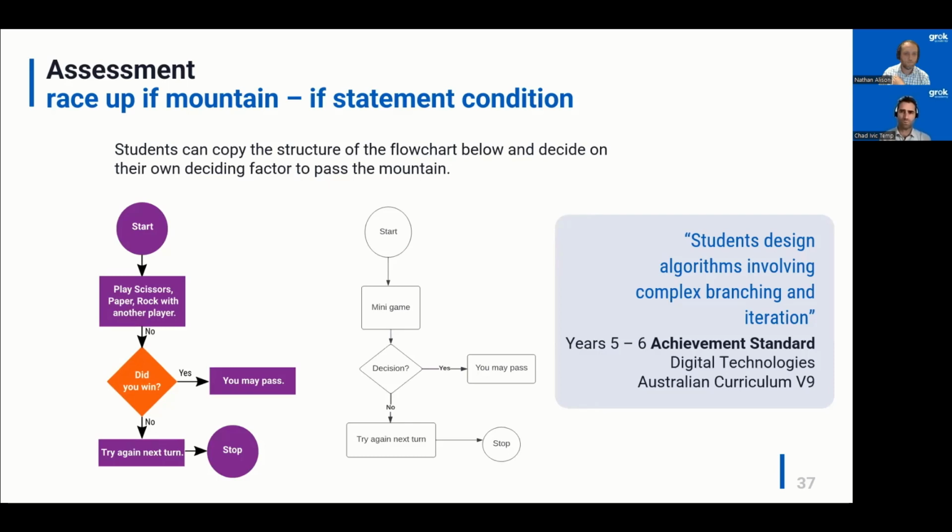What you'd be looking for in the students' work, in the algorithms that they design, is that they can consciously make the last two flowcharts, like E and F, a bit harder, so they know the logic. For example, it's much harder to roll a 6 than it is to just roll a number above 3. So you just want to check that they understood how to make the flowcharts a bit harder to pass towards the end of the game.